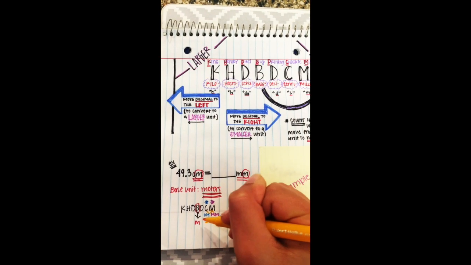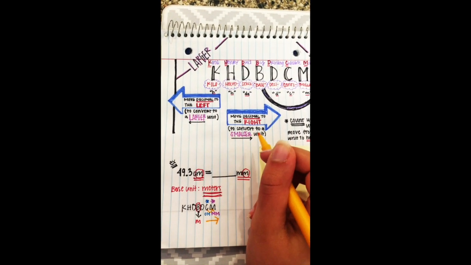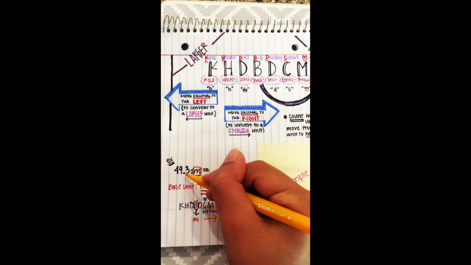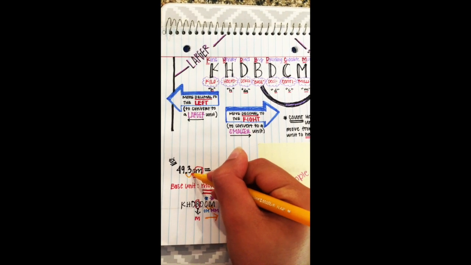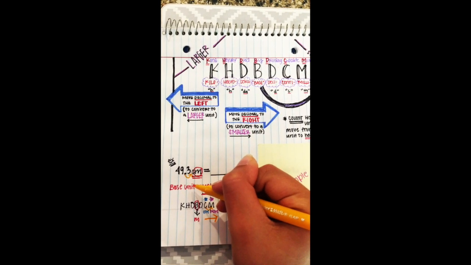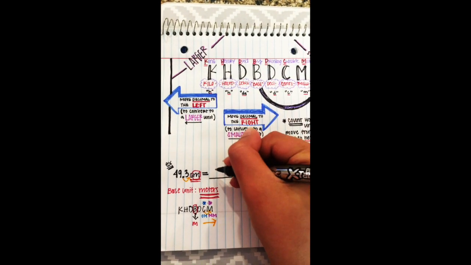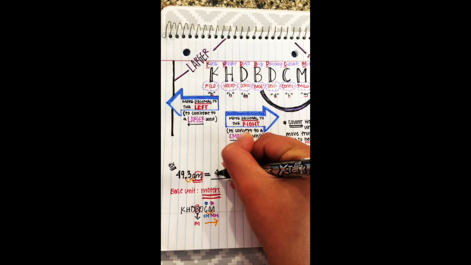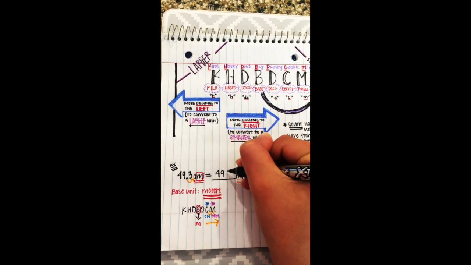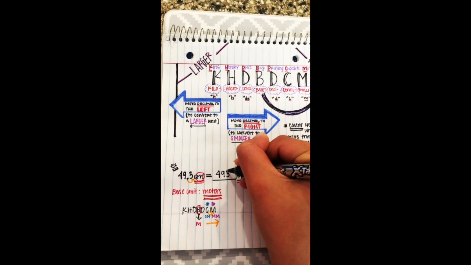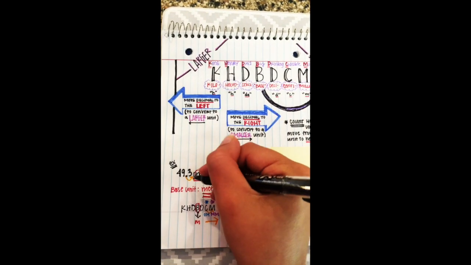I'm converting to a smaller unit, and I'm moving one time or one place value. So when we convert in the metric system, our digits stay the same. So I can go ahead and write 493. But my decimal moved over one place to the right.